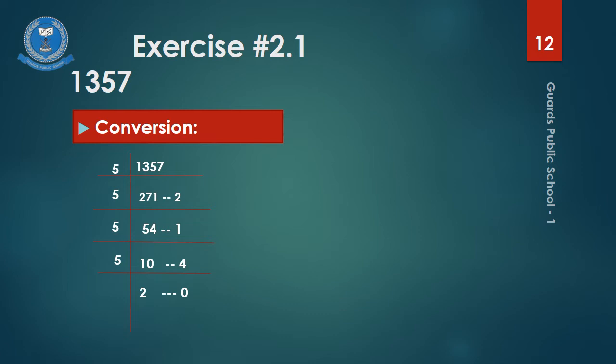Now we will write our answer as indicated with the direction of the arrows. We will write all the digits as 20412 with base 5. We have converted this into base 5: 1357 is equivalent to 20412 with base 5.